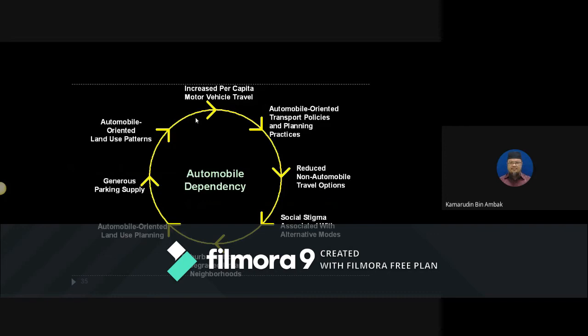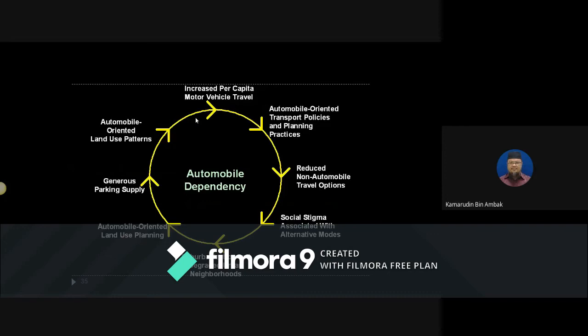Now we try to reduce non-automobile transport options. So next, social stigma associated with the alternative modes of transport. So still they're not really confident whether the public transport services would be better, would meet their expectation to be efficient.